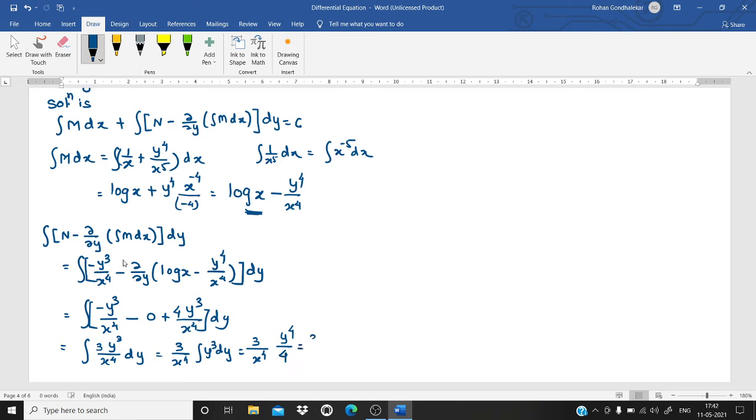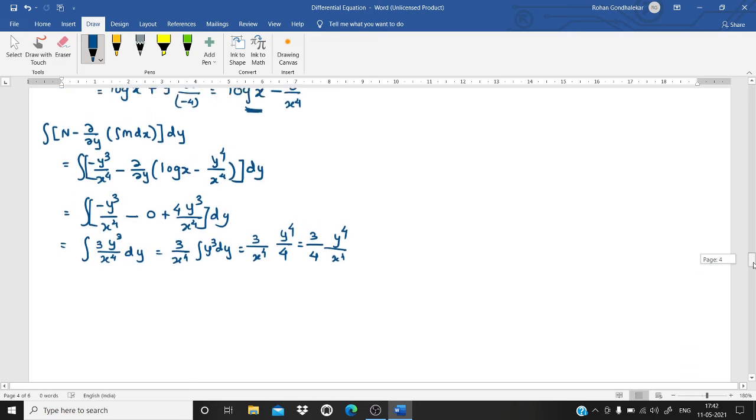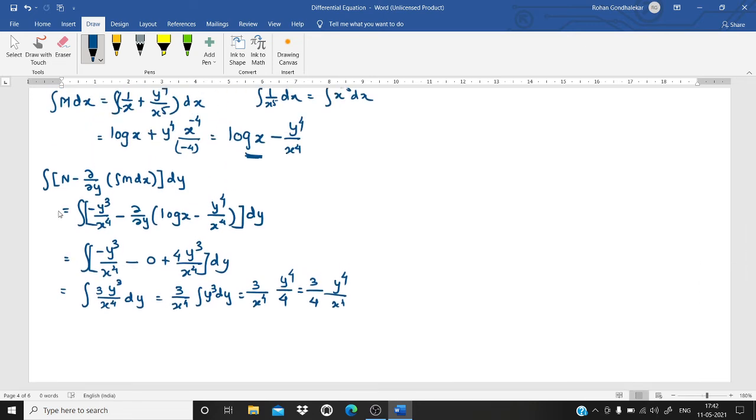So hence our answer is 3 by 4 y raised to 4 upon x raised to 4. Therefore, the solution is integral M dx, whose value is log x minus y raised to 4 upon 4x raised to 4, plus 3 by 4 y raised to 4 upon x raised to 4 is equal to c.